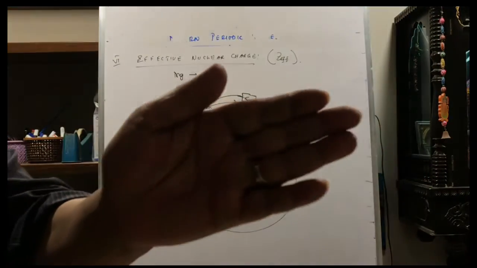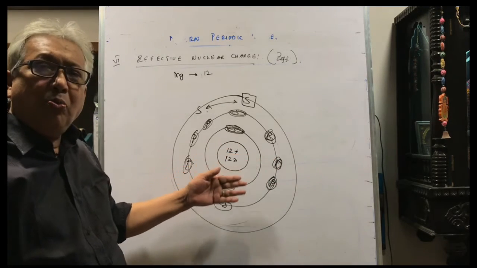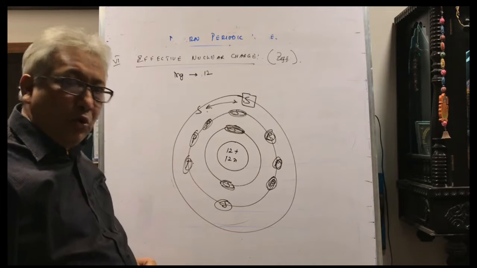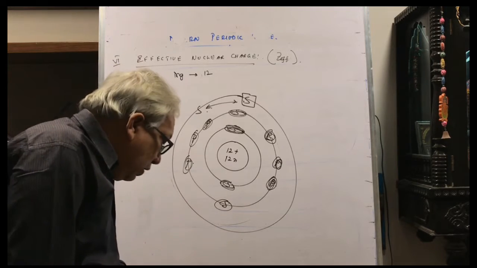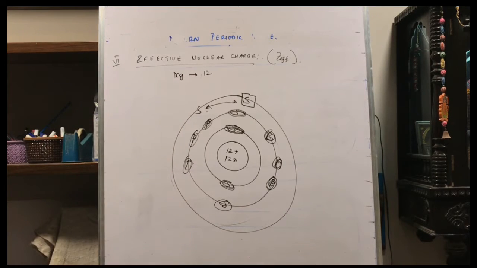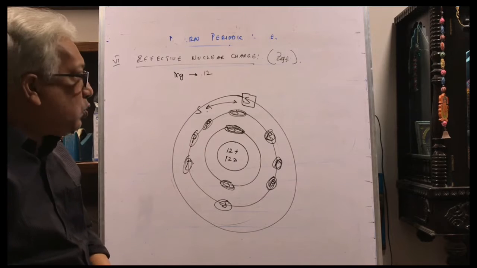That is how you will see that as I'm taking this palm away, your vision is becoming more and more clear on the board. So that is one thing you have to remember, that inner shell electrons will create more barrier than the outer shell electrons. Is it clear to you, children?